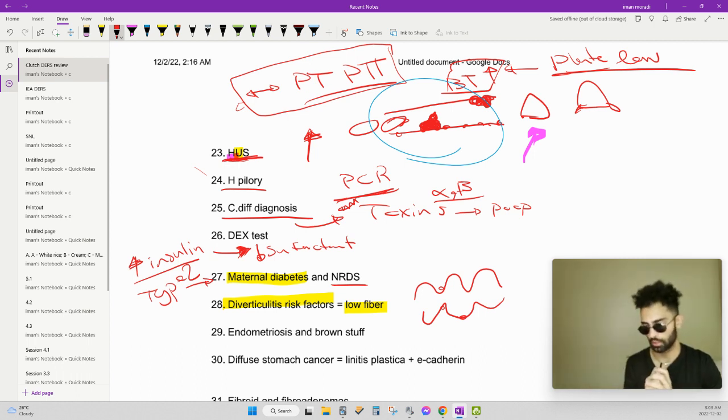That means when it's contracting, the pressure builds up higher, and you have a higher chance of a weak point ballooning out over 50, 60, 70 years. You develop more diverticula, and with more diverticula there's a chance of inflammation that leads to diverticulitis.